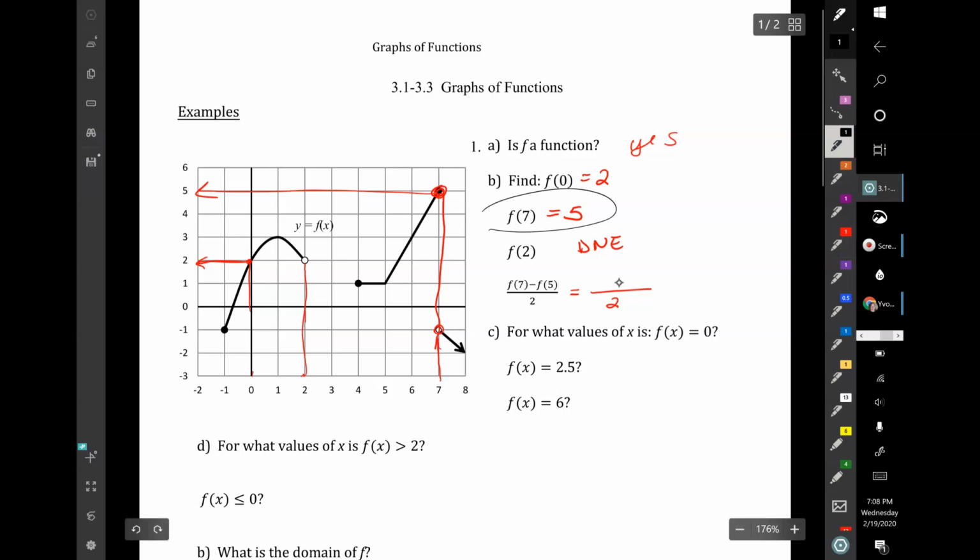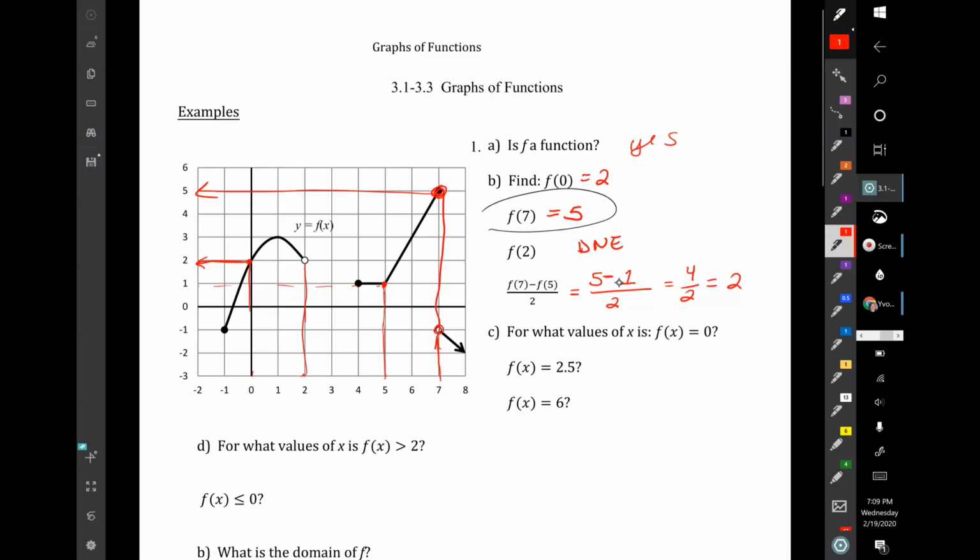F of 7 is 5, so I'm going to put that there. And f of 5 I hadn't already figured out, but I can do that pretty quickly. I'm going to look where x is 5, and it brings me up to 1. So then I would have 4 over 2 equals 2. So that you should recognize now as average rate of change.